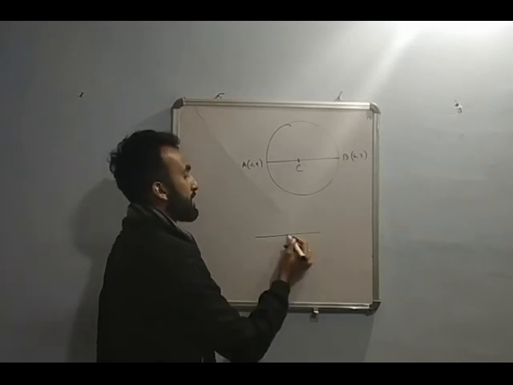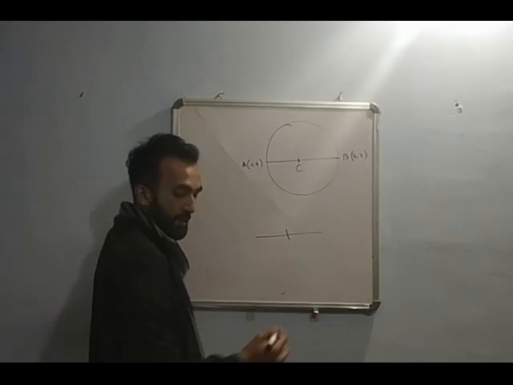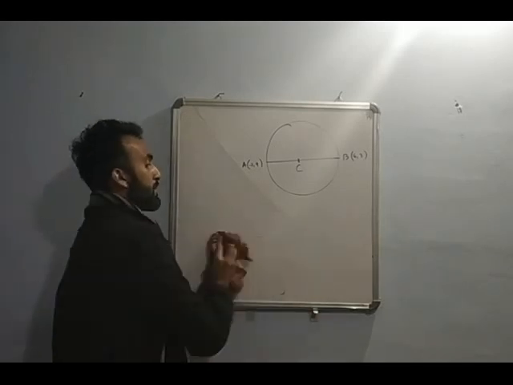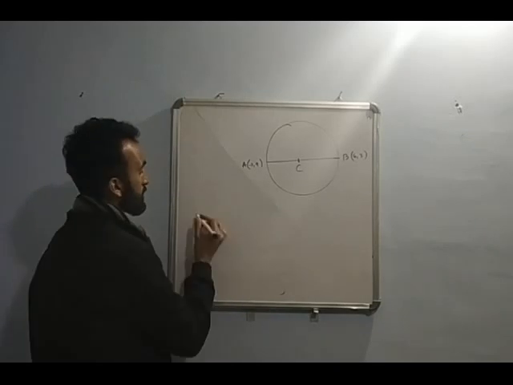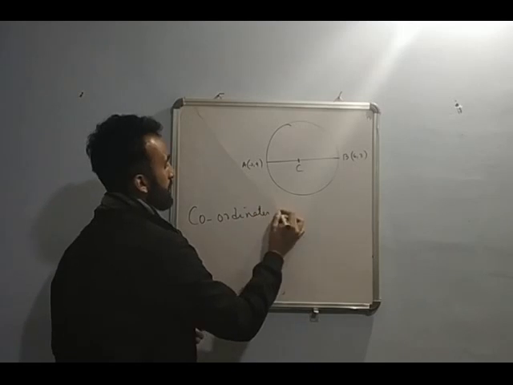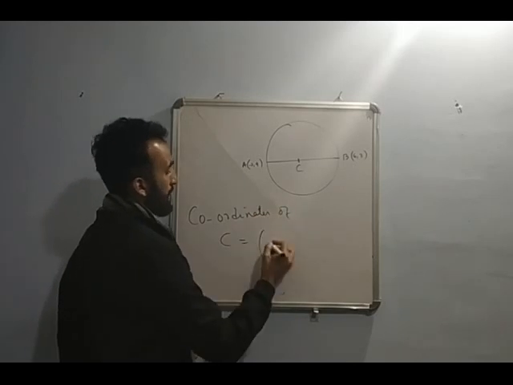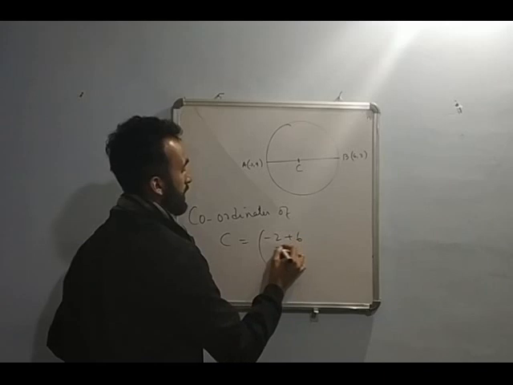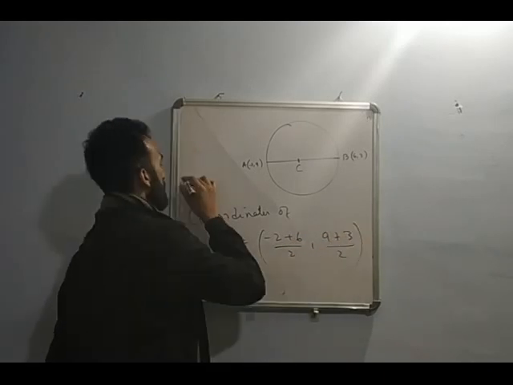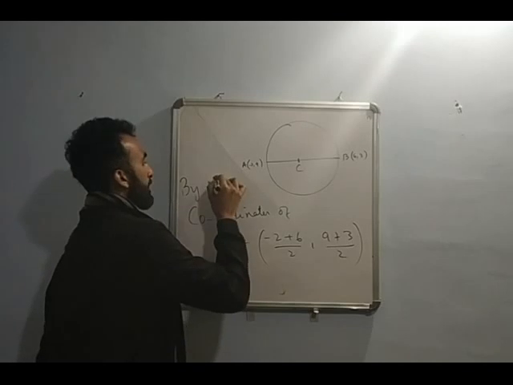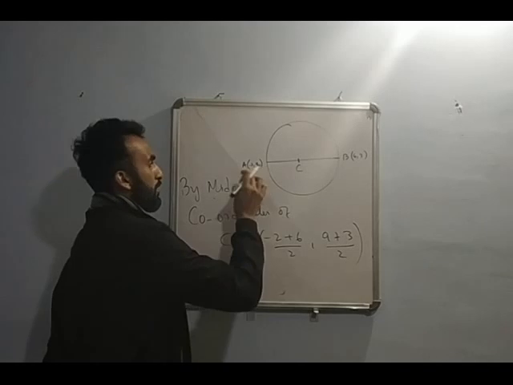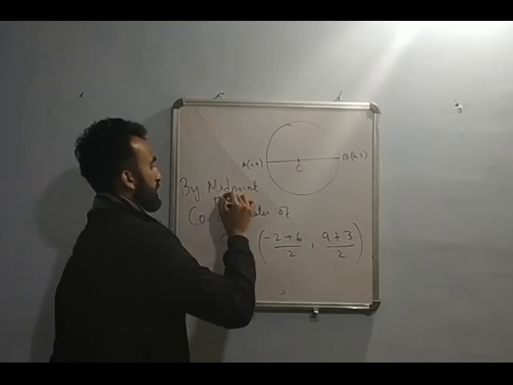If you have a diameter, the center is exactly in the middle, so I have to use the midpoint formula directly. Coordinates of C is, at the end points, (-2 plus 6) divided by 2, comma (9 plus 3) divided by 2. By which formula? Midpoint formula, because C is exactly in the middle of AB.